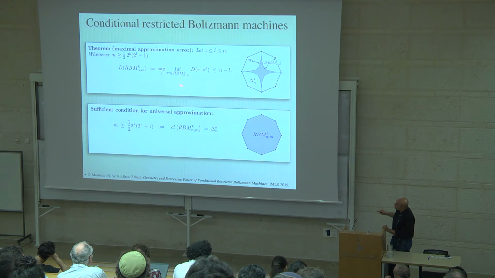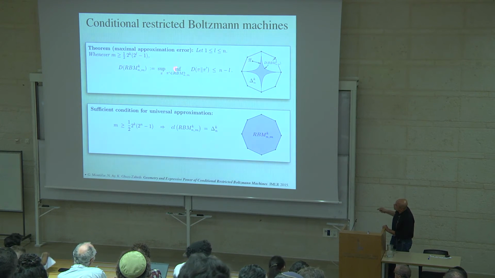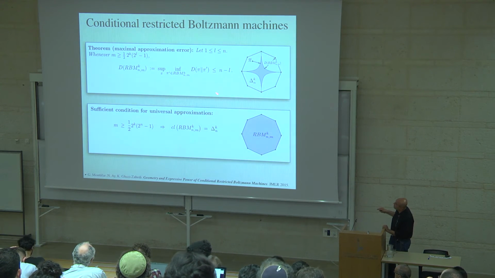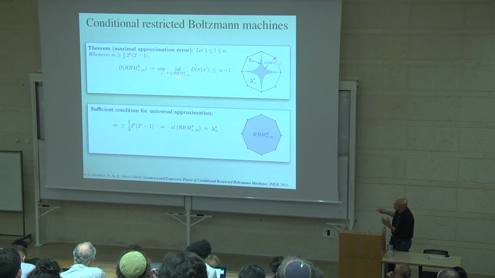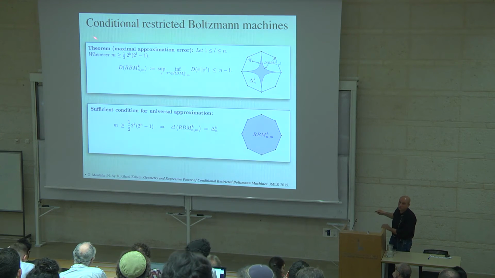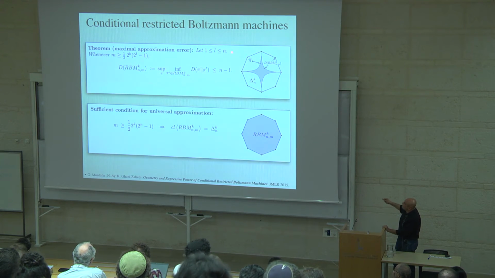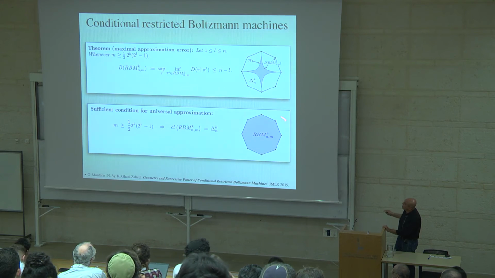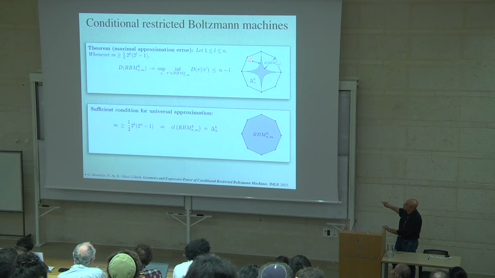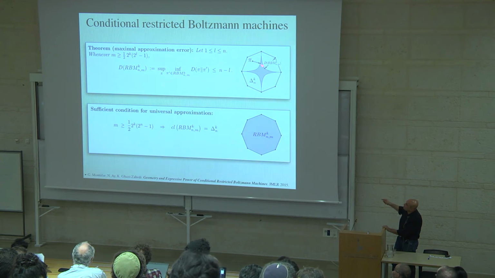So now I'm presenting this theorem here. It will not play a major role, but the reason I'm presenting it is that it's quite non-trivial, and it took us two dissertations to prove it. If you have this geometric object, you want to estimate the approximation error. So you take a policy in that polytope, and you take the minimal distance: how close can you come with your model to that policy?